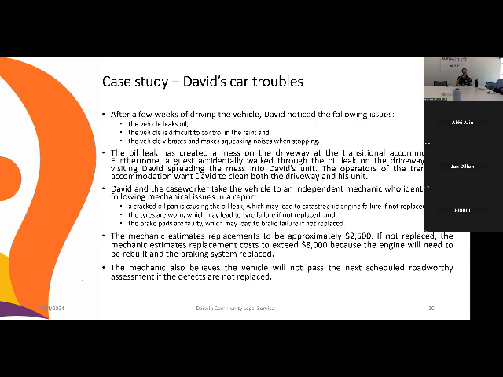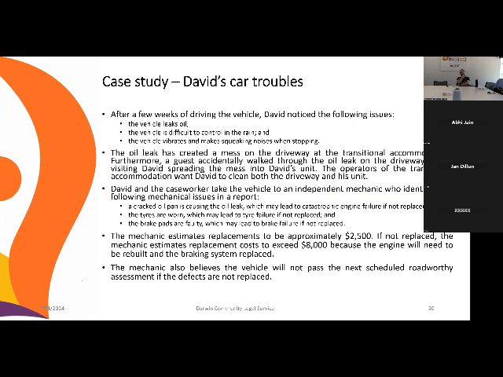Now, to make matters worse, as we remember, David's in transitional accommodation and the oil leak has now created a mess on the driveway. Now, he's had a guest visit and the guest has walked through the oil leak. They weren't aware of it, and they've now tracked the oil into David's unit.